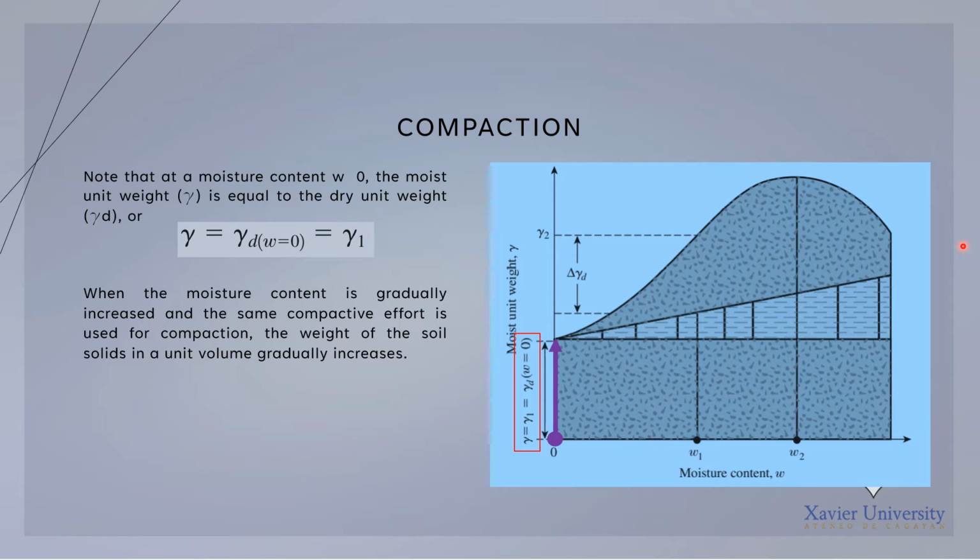So when the moisture content is gradually increased, and the same compactive effort is used for the compaction, the unit weight of the soil solids in a unit volume gradually increases.